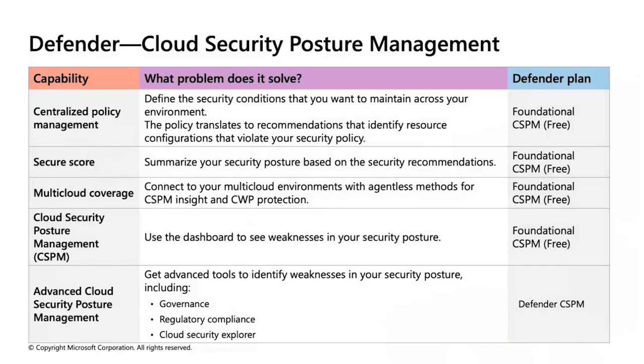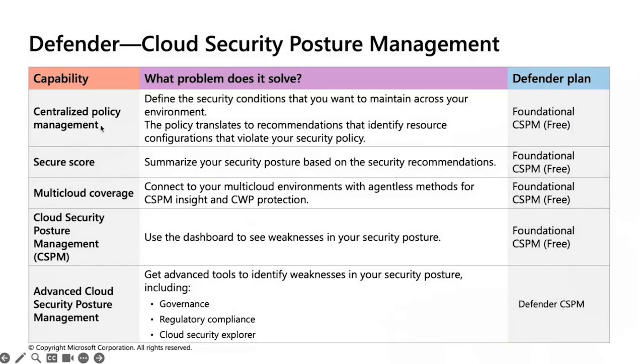When we talk about CSPM, there are many different capabilities that come under the CSPM free plan, and many come under the Defender CSPM specific plan. So we have two plans available in CSPM, the free version and also the Defender CSPM plan that you have to pay for.